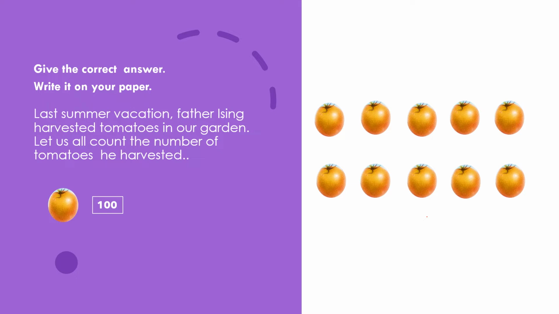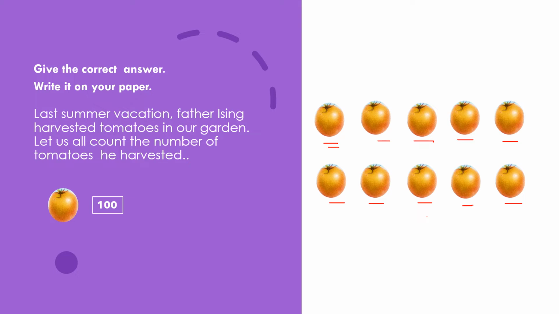Let us count how many tomatoes were there. 1, 2, 3, 4, 5, 6, 7, 8, 9, 10. There were 10 tomatoes. Let us count by hundreds.